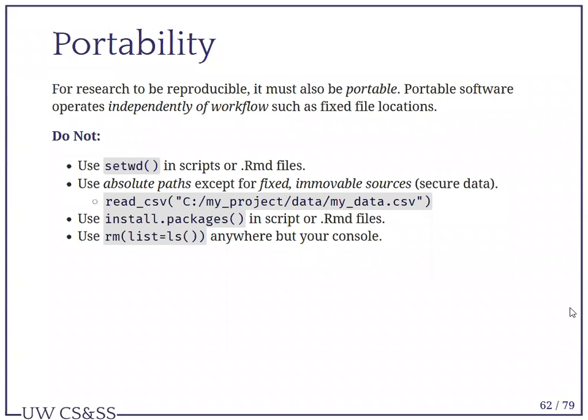So I would recommend that you do not use setwd to set a working directory in scripts or .markdown files. Do not use absolute paths except for fixed and movable sources like secure data. So I recommend against using read_csv with c: and so on.